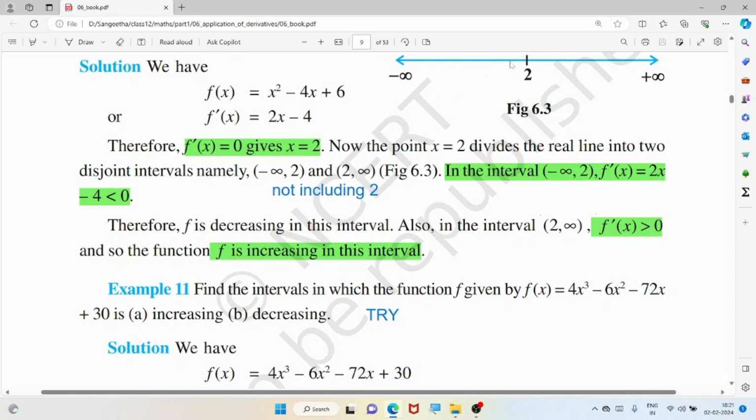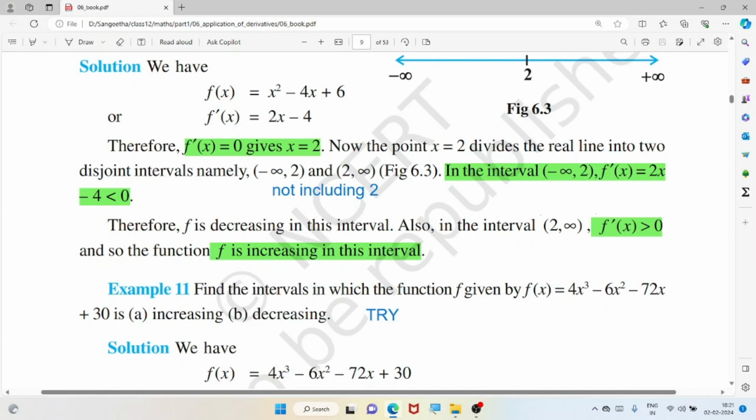Let us say x equals 1. If you put 1 here, 2 minus 4 is a negative value, that is less than 0. Similarly, if you take greater than 2, say 3, then 6 minus 4 is 2, a positive value.